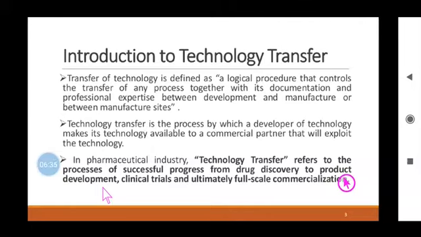If we have a new drug, then it must be transformed first of all into a product, and therefore we are required to develop a product. It is followed by clinical trials, and ultimately the full-scale commercialization will be there. Then and then only the purpose of the drug discovery will be solved.